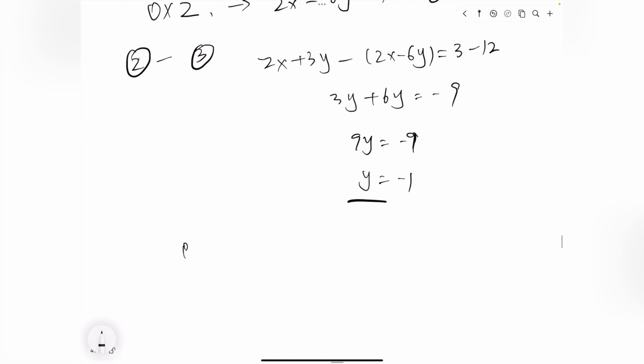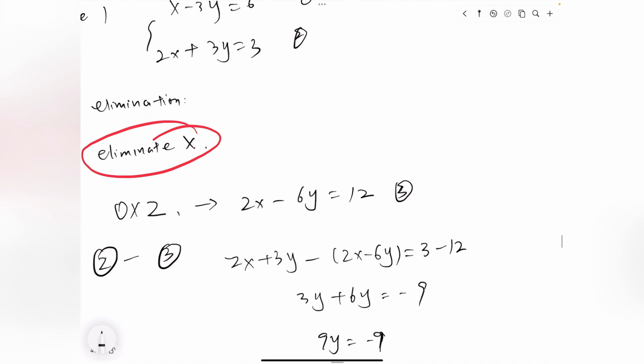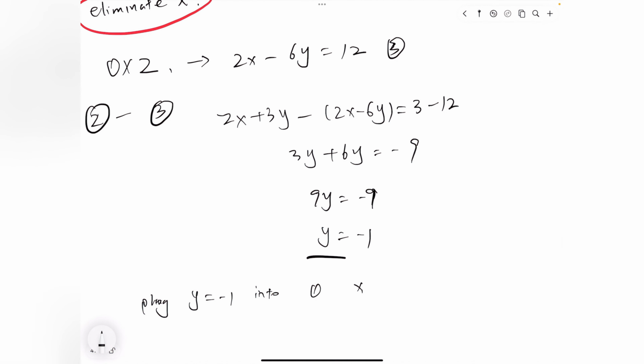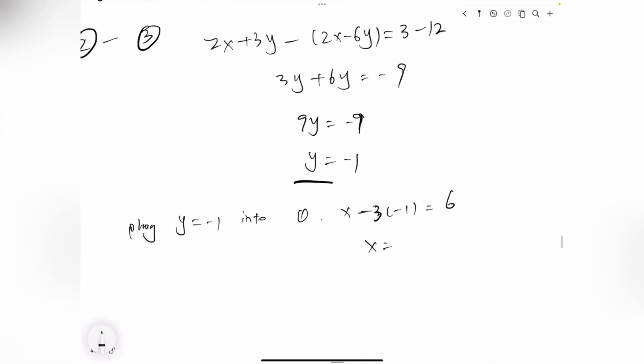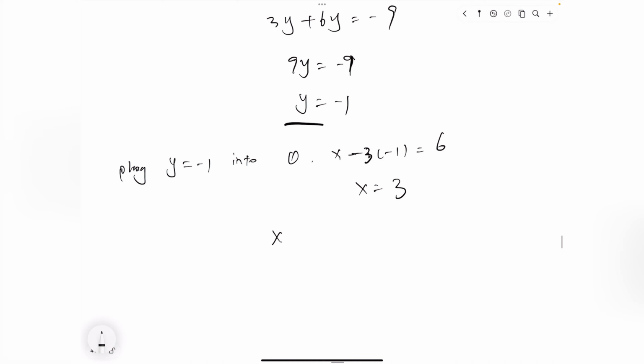And then we can plug y equals negative 1 into 1. We'll get x minus 3 times negative 1 equals 6. x equals 3. So x equals 3, y equals negative 1. This is the solution.